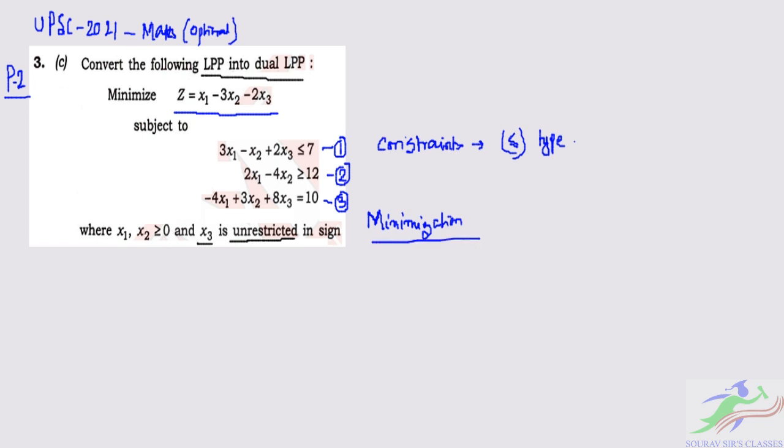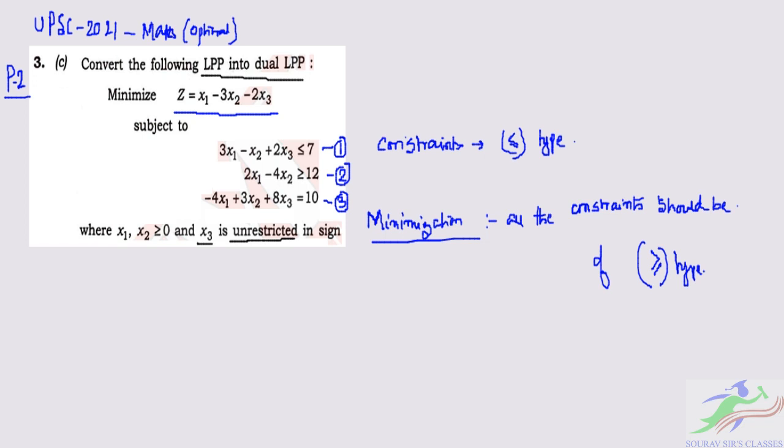So all the constraints here should be of the greater than or equal to type.